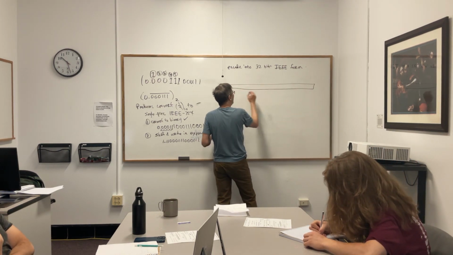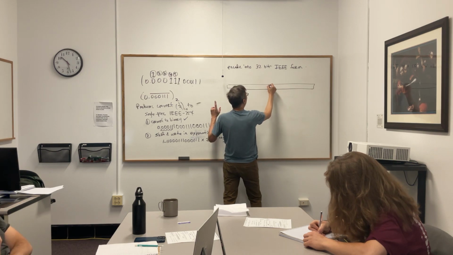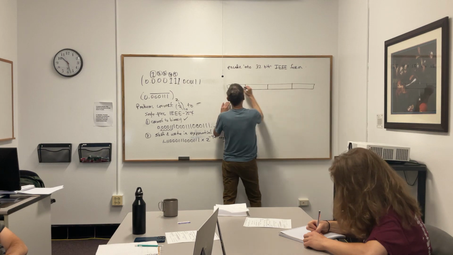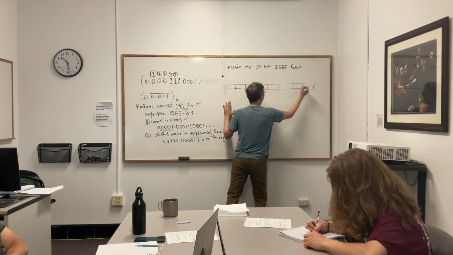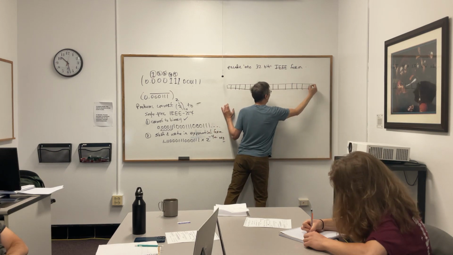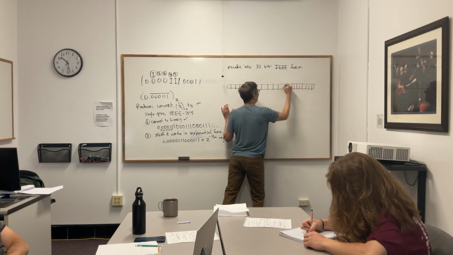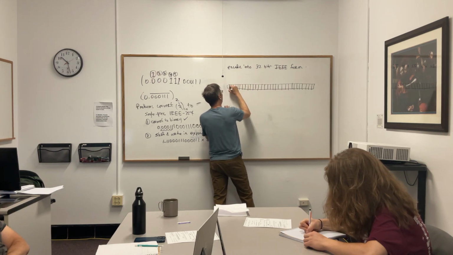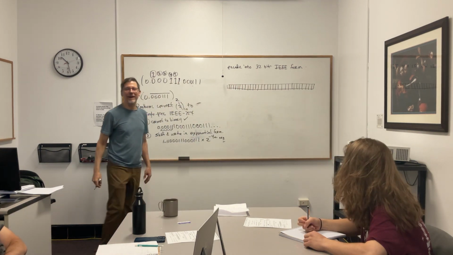First off, I'm going to make 32 slots here. So there's 2, 4, 8, I'm sorry, 16, and then one more. I should be at 32. Got me 32 bits right there.